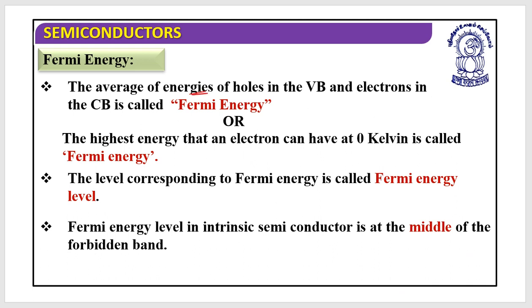The average of the energies of holes in the valence band and electrons in the conduction band is what we call the Fermi energy, or we can say the highest energy that an electron can have at 0 Kelvin. The level corresponding to this Fermi energy is what we call the Fermi energy level. And the Fermi energy level in an intrinsic semiconductor is at the middle of the forbidden gap.